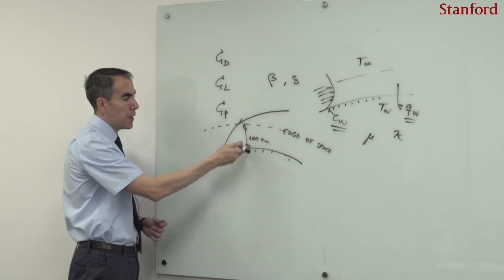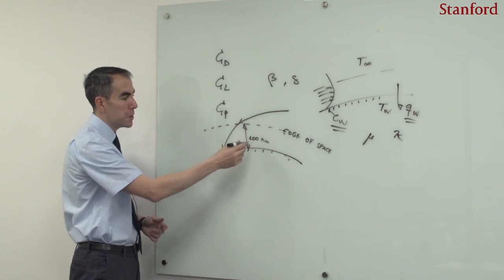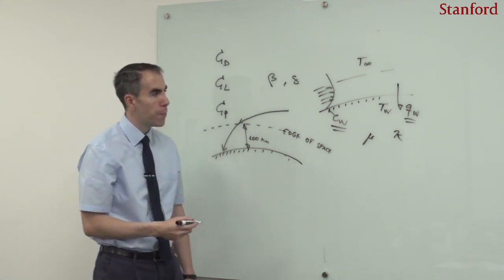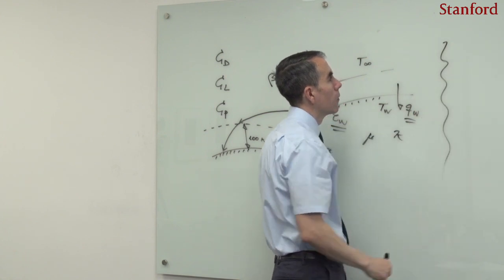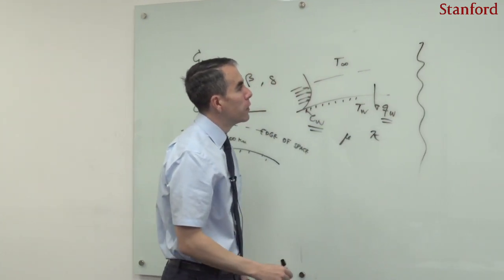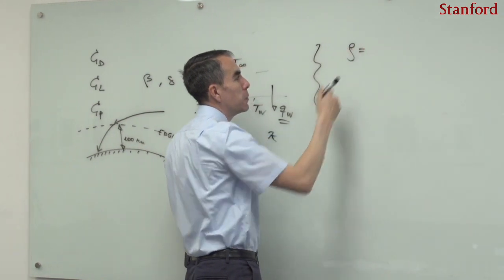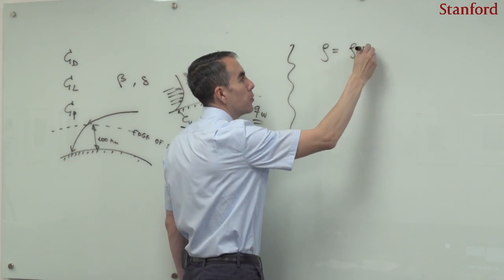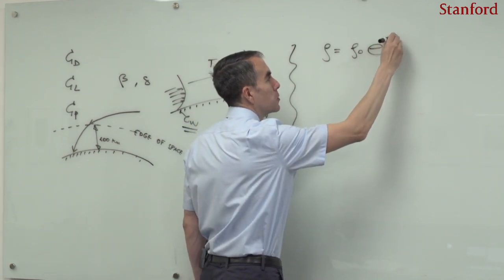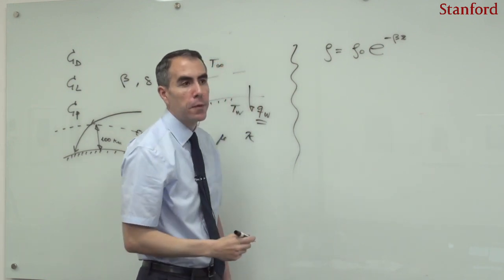This long distance entails large variations of certain properties. For instance, if one talks here about the density, the density can be written as a function of the altitude as the sea level density rho naught multiplied by the exponential of minus beta multiplied by the altitude z.